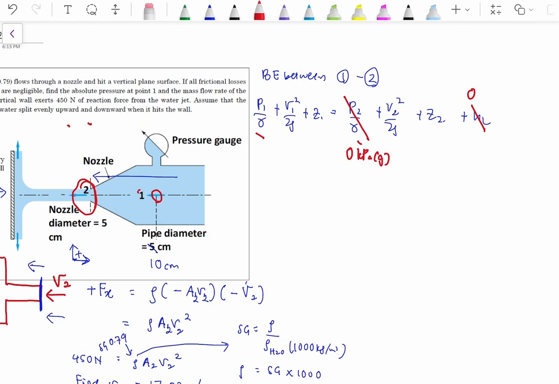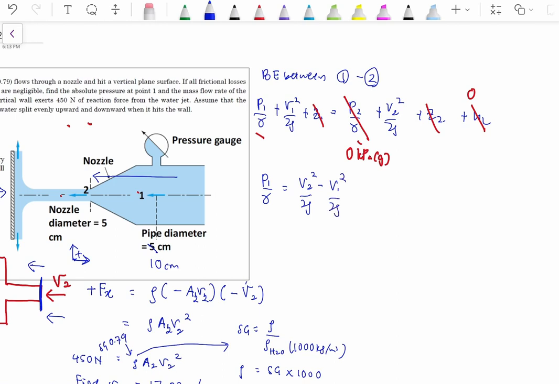And point 1 and point 2 are on the same horizontal level. So with that, Z1 and Z2 can be cancelled out. Okay, with that, our Bernoulli equation can be reduced to P1 over gamma equal to V2 square over 2g minus V1 square over 2g.